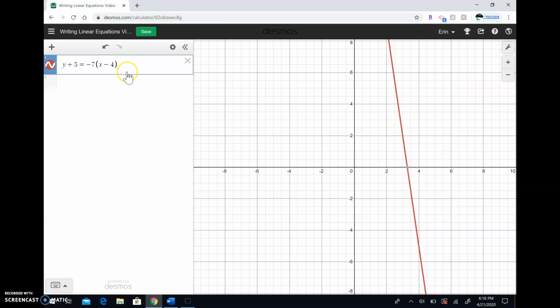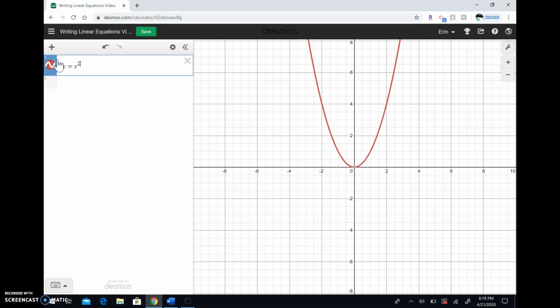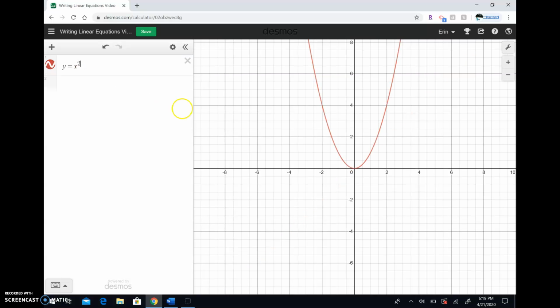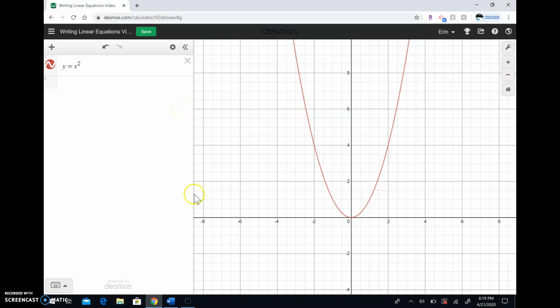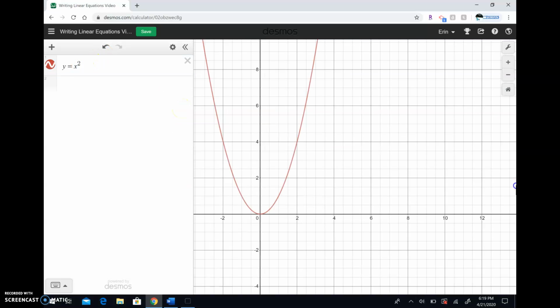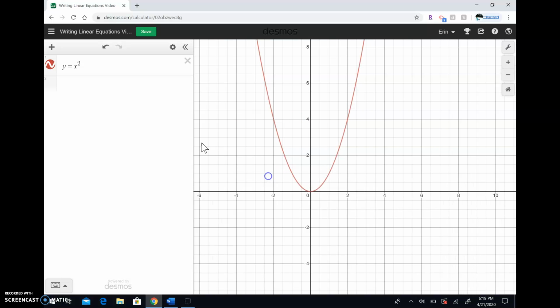Okay, this is actually true of any equation. So I just gave you a line, and I had it transform in different ways. But hopefully this also looks familiar. We have a parabola, y equals x squared. Okay, so this shape is called a parabola, if you haven't heard that before. I can do the same thing and transform it to make it move up, down, left, or right.